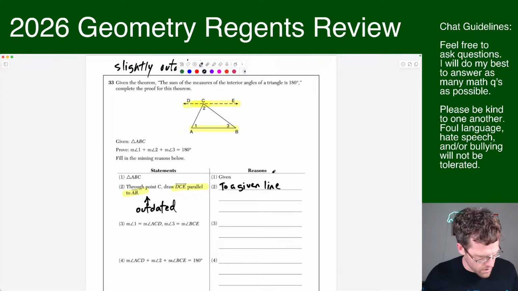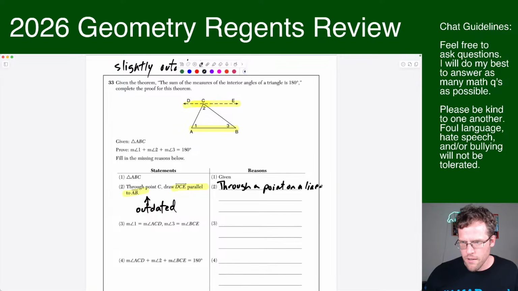Actually, I'll say it a little differently. I like this one more. Through a point not on a line, because the point not on the line is C, and I'm referring to AB.